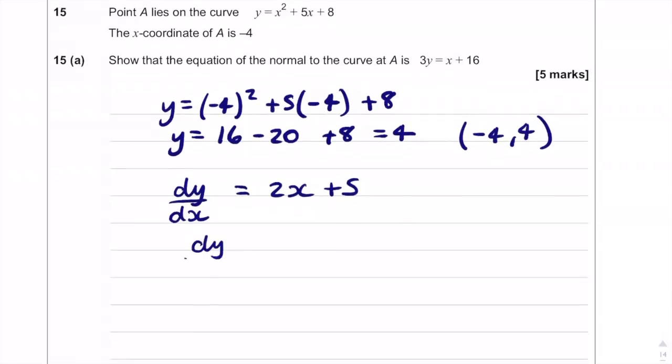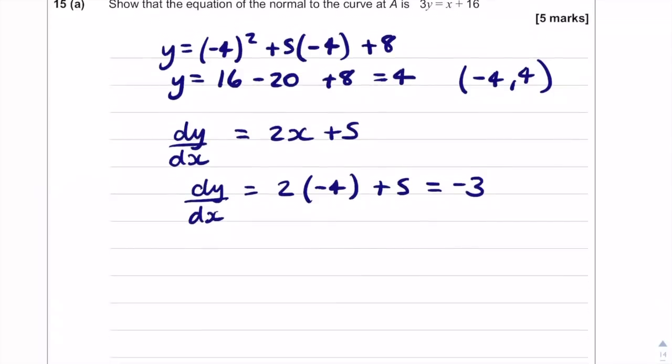So we get dy/dx is equal to 2 multiplied by minus 4 plus 5. 2 times minus 4 is minus 8. Minus 8 plus 5 is minus 3. So the gradient of the normal is going to be perpendicular to minus 3. So we take the negative reciprocal of the gradient of the tangent. So the gradient of the normal is going to be 1/3.